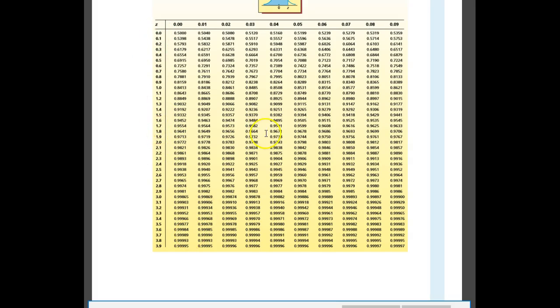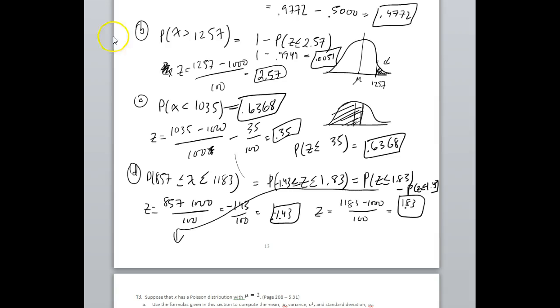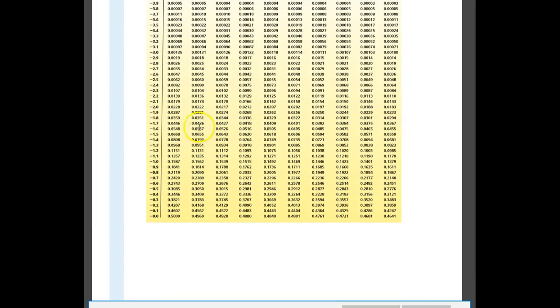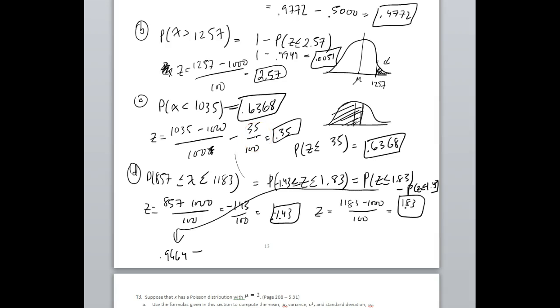Z 1.83, and that's 0.9664. And that's going to be minus the probability that z is less than negative 1.43, which is 0.0764. And that is going to equal 0.89 on the dot.